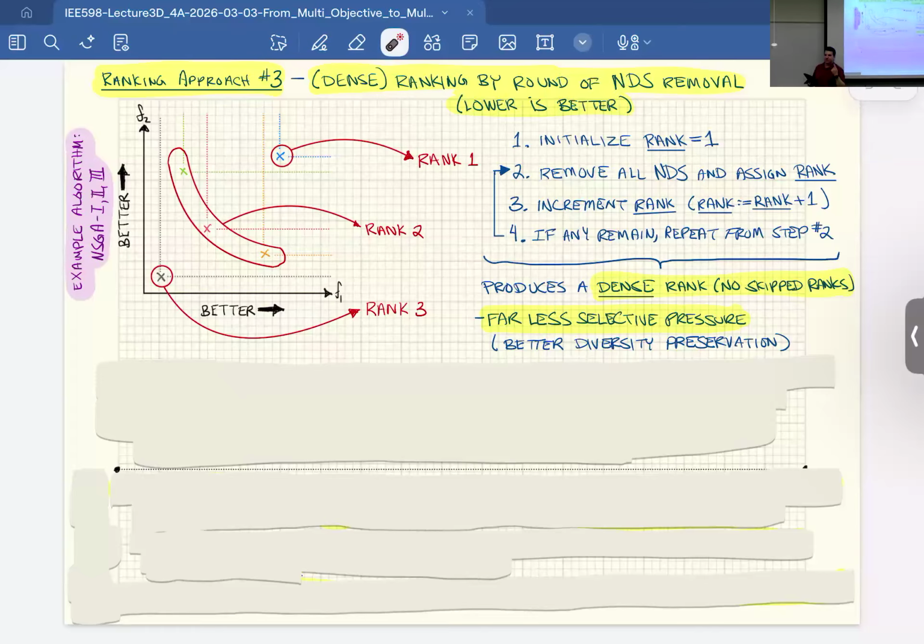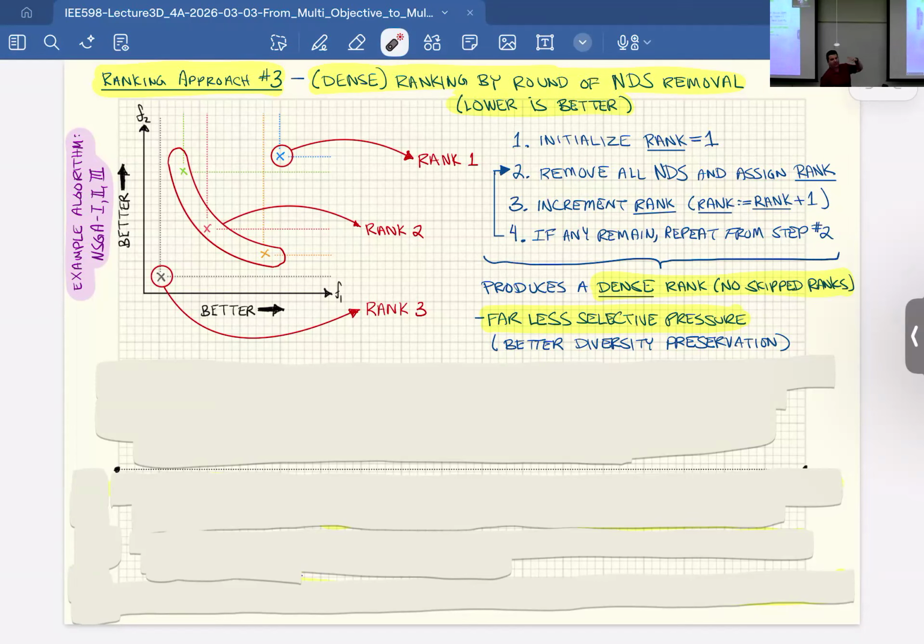NSGA-I used this ranking technique plus a very inefficient diversity preservation method called fitness sharing that we're going to talk about here. NSGA-II used a more efficient diversity preservation mode. It was much more practical.